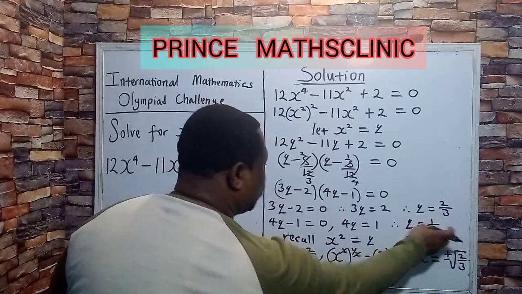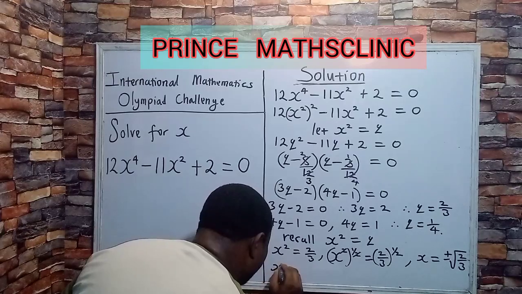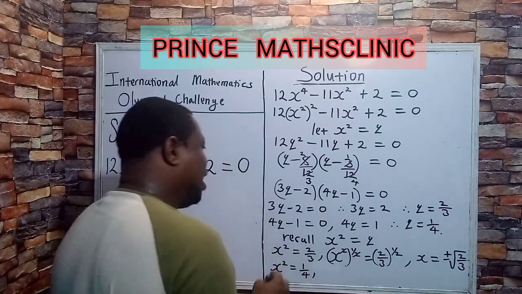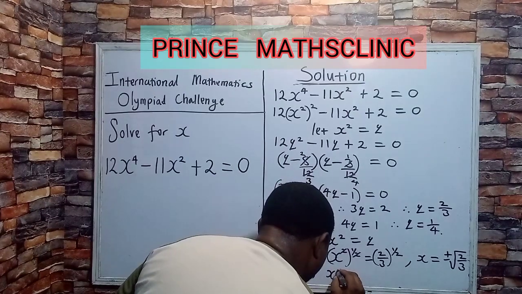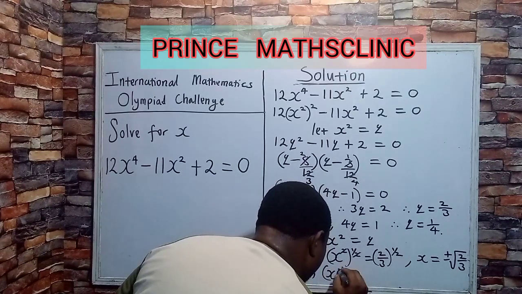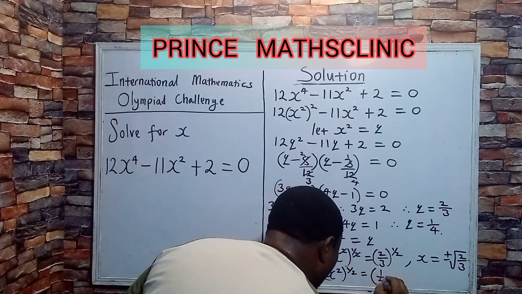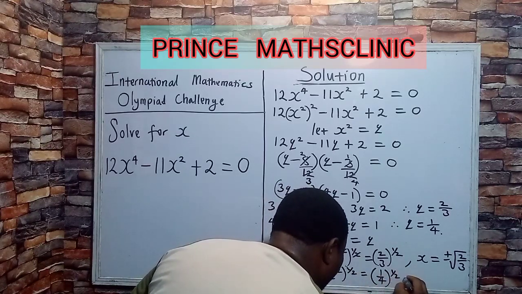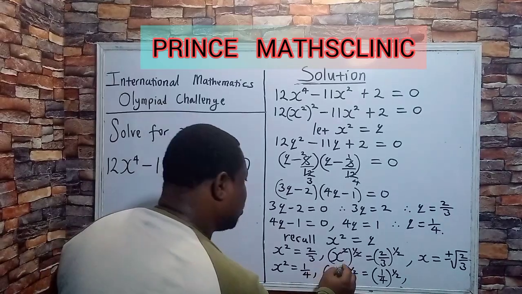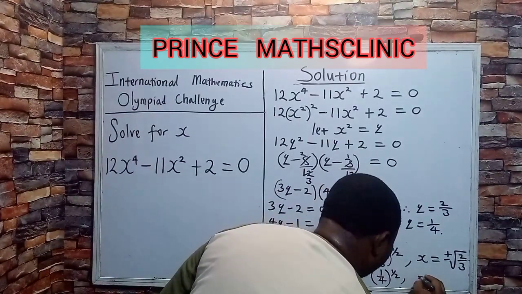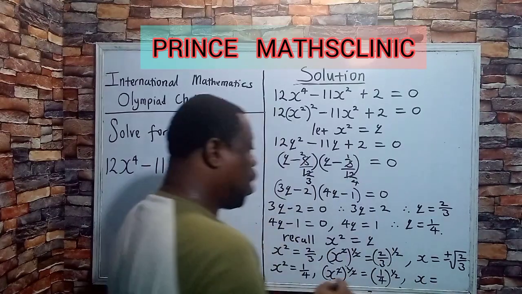Then if q is equal to 1 over 4, that means that my x squared will become 1 over 4. Then again, repeat the same process. x squared times 1 over 2 equals 1 over 4 to the power of 1 over 2. So square root, 2 cancels 2. Remember again, anything to the power of 1 over 2 means square root.